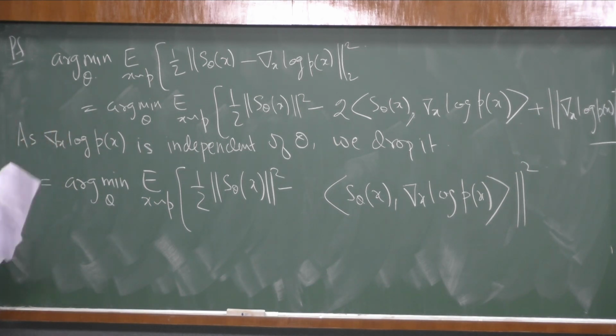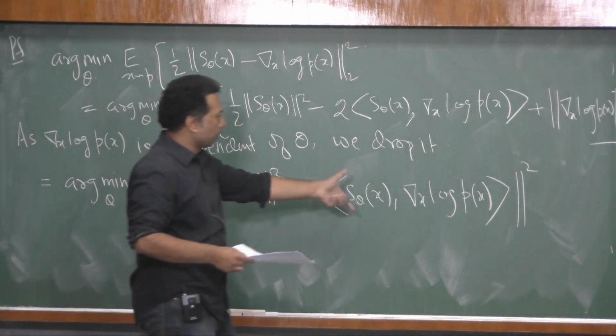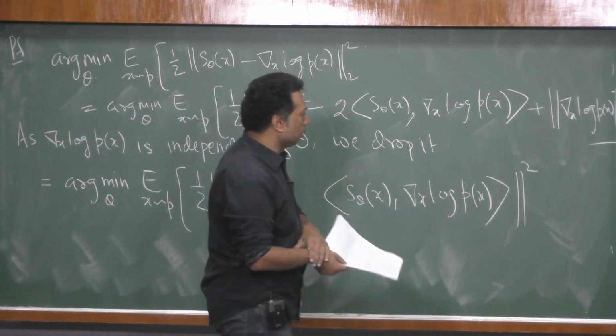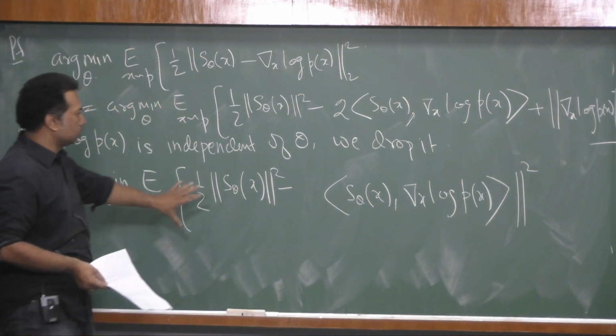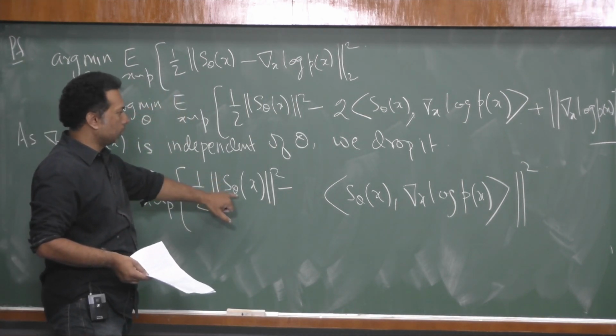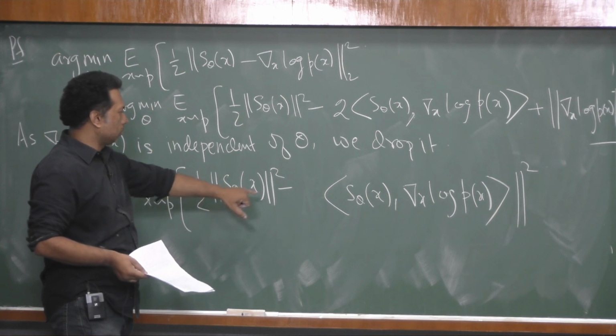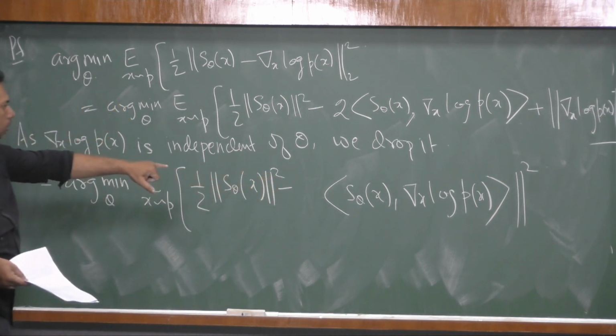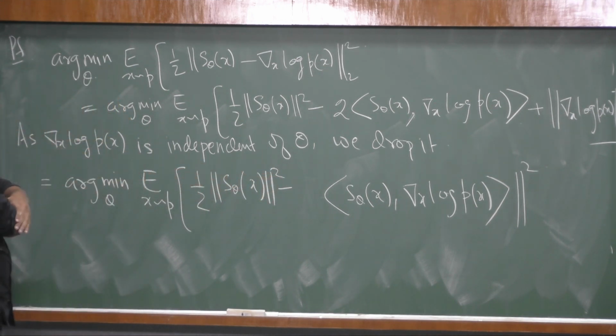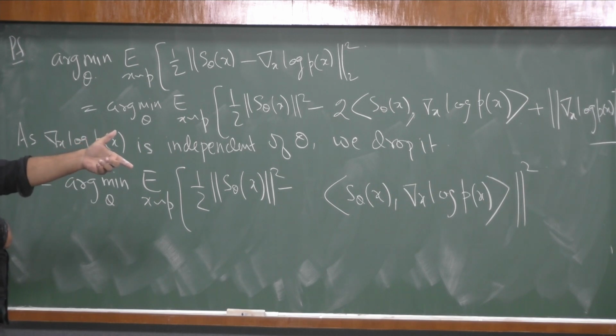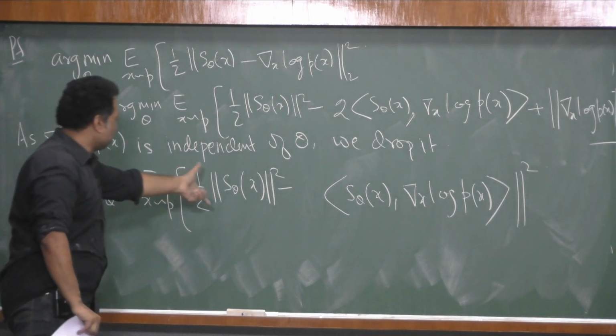And what are we going to do next? If we compare with the original term, the difference seems to be just this term. So if I have to prove that they are equal, then this term is already there, and the other term, half of the norm of s theta squared, is already there.